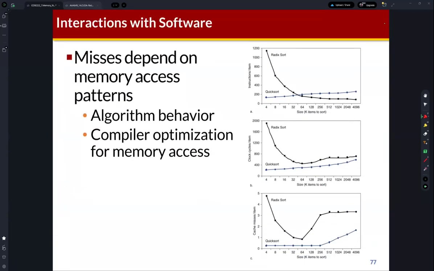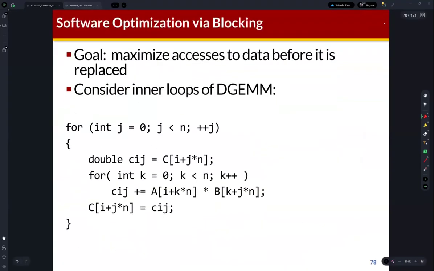Let's see the interaction of cache performance with software implementation. Let's see an example of matrix multiplication. Matrix multiplication is very simple, right?